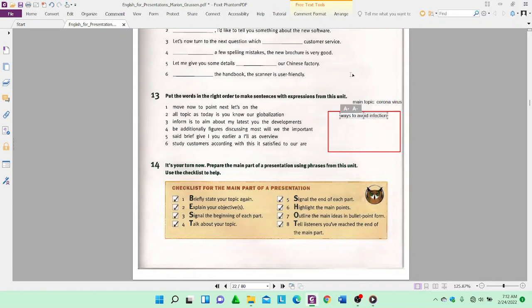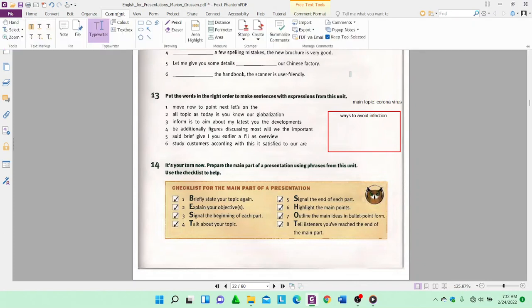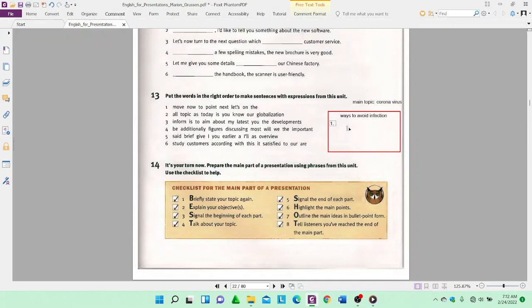Oke kan? Lalu in this slide we have points. Contoh ya. Points. Misalnya satu. For example number 1 ya. Sorry. Keep distance. Misal, keep distance. Okay.